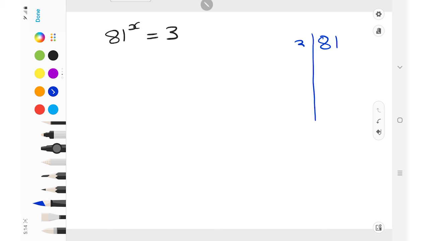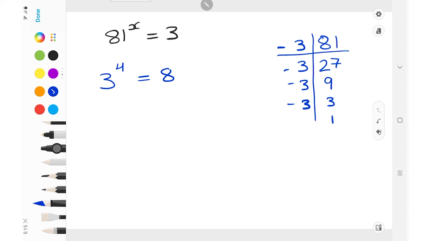So we will try 3, and 3 multiplied by 27 is 81. 3 nines are 27, 3 threes are 9, 3 ones are 3. So here we have 1, 2, 3, 4: four 3s. So it's 3 to the power 4 equals 81.